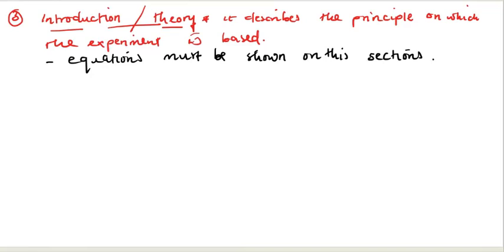So number 4, the fourth section is, after you do the introduction, you can now write down the apparatus and reagents.